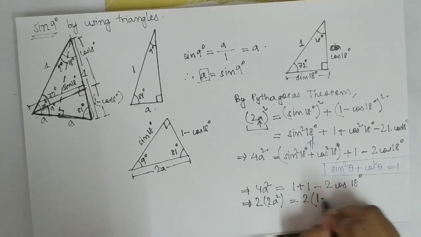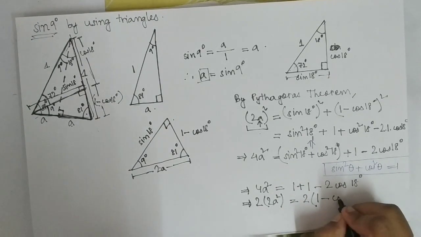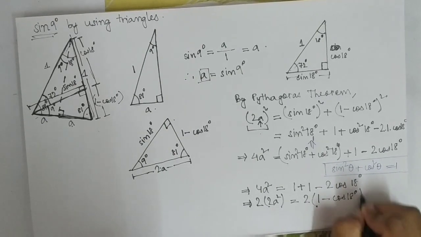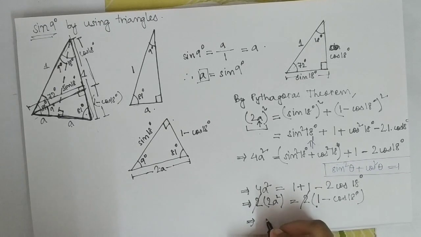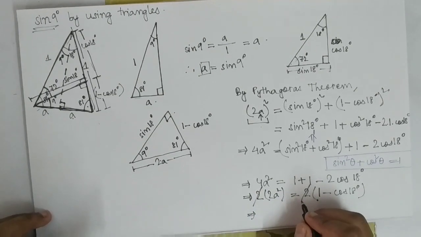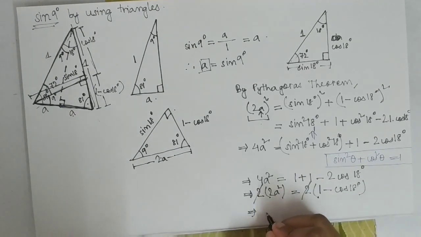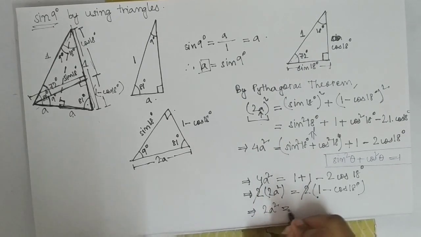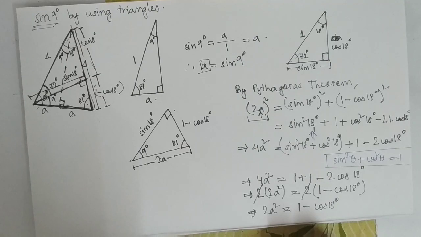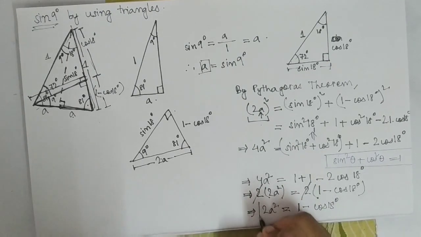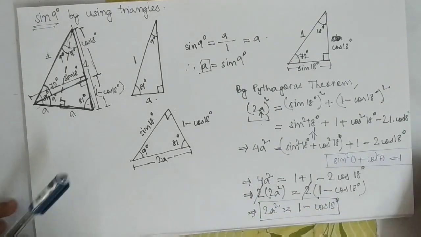So it becomes twice of 1 minus cos of 18 degrees. 2 gets cancelled. I will have twice of a square equals 1 minus cos of 18 degrees. Now let me write this relation in the next page to evaluate the value of a.